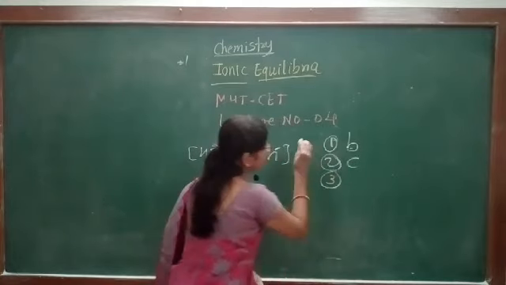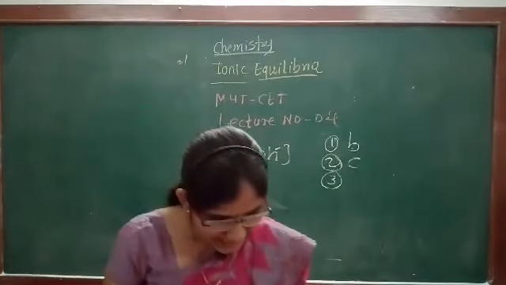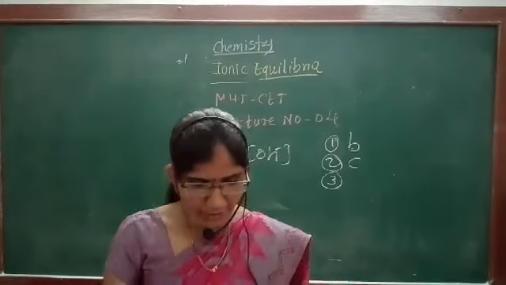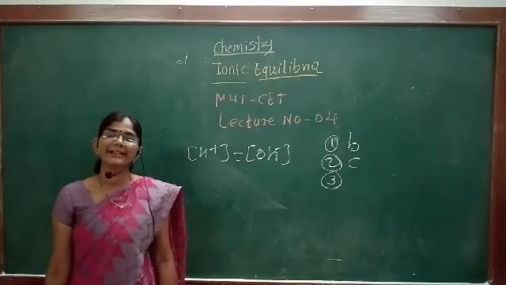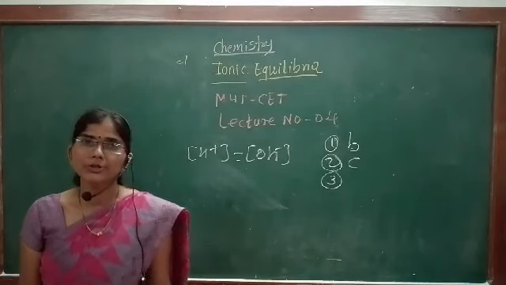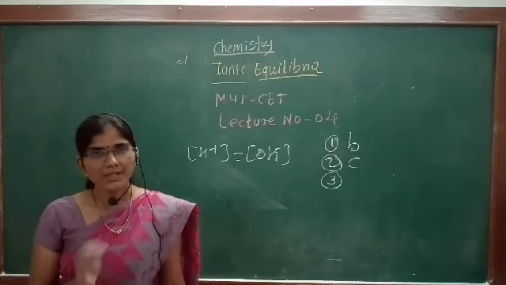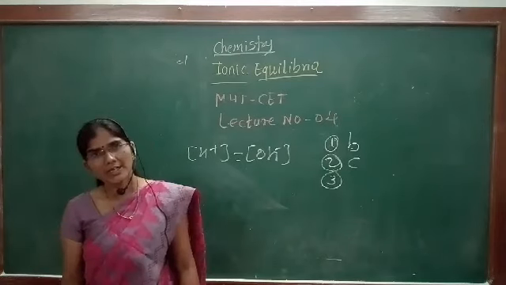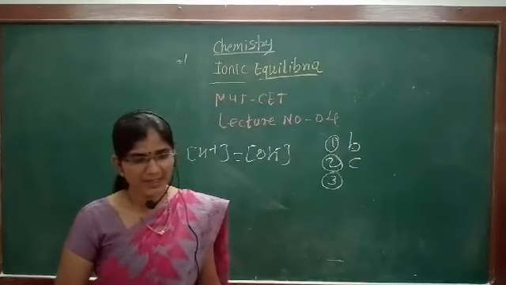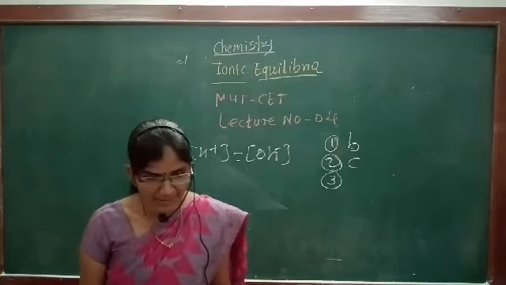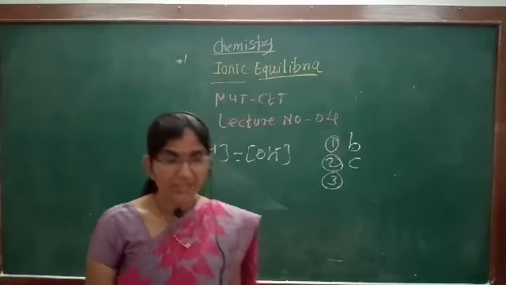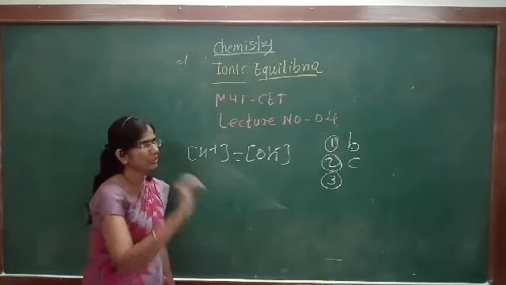Then the third question. The third question is: at any temperature, for a neutral solution, what is it? Is the pH large or small? It means the H plus ion concentration is equal to the OH minus ion concentration. That means pH is equal to pOH.